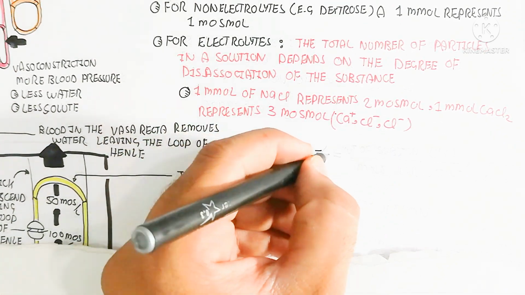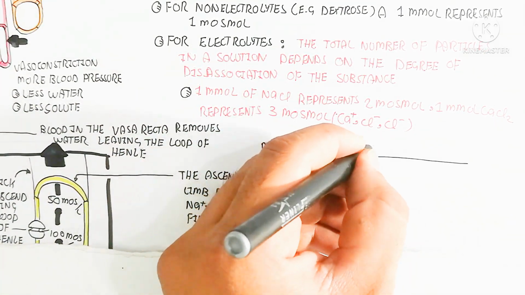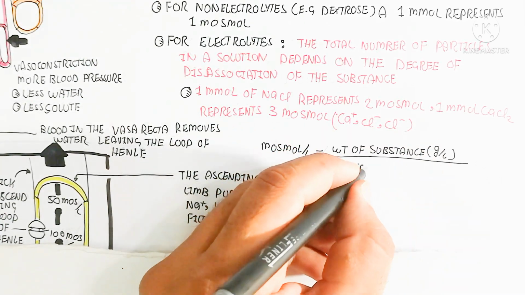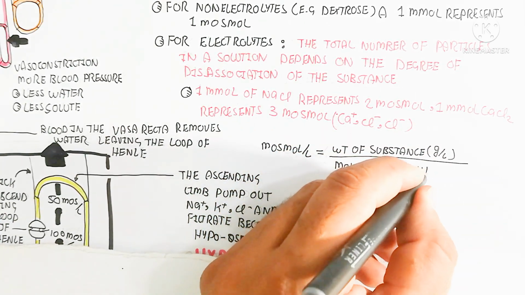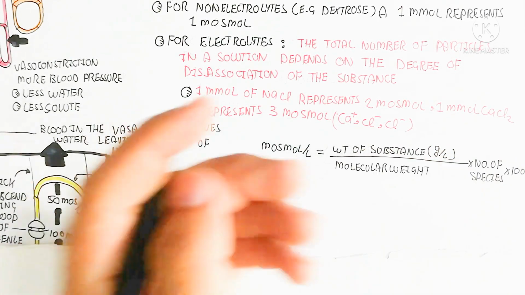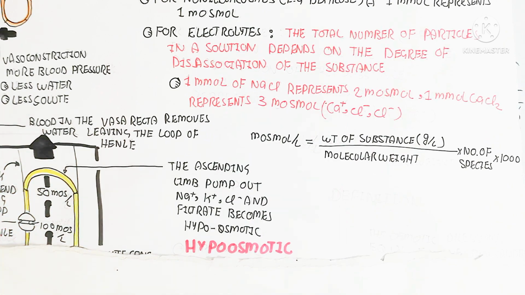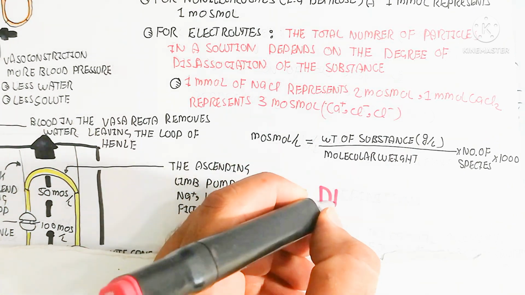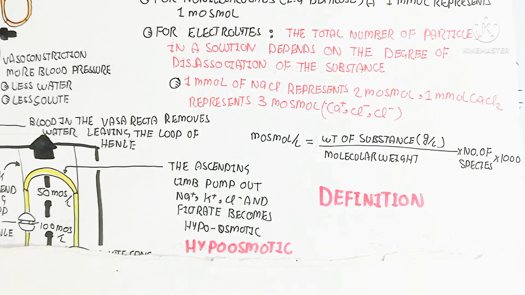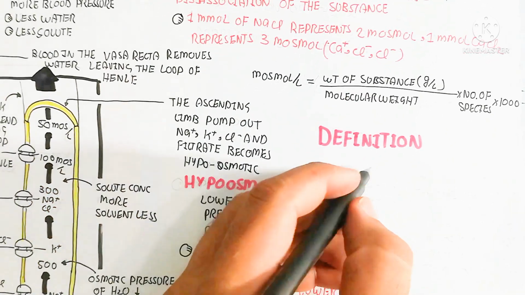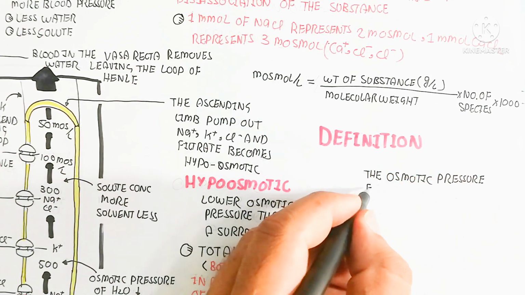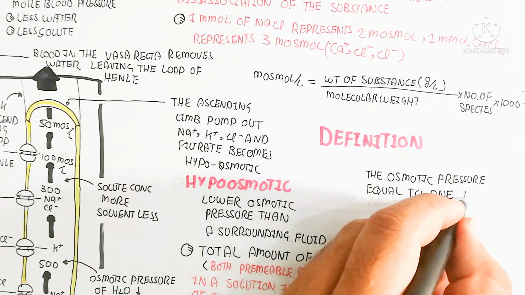That is why the nephron and vasa recta contain a dissociated form of sodium, chloride and potassium, not a combined form. So that is why we choose this term. The milliosmol per liter is equal to the weight of the substance in grams per liter, divided by the molecular weight of the substance, times the number of species, times 1000. We can calculate the milliosmol per liter this way.